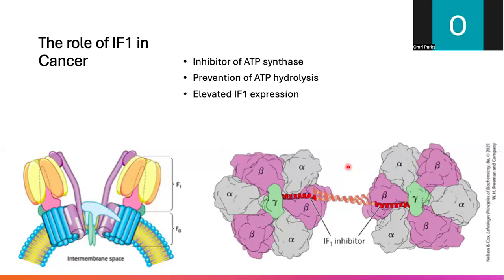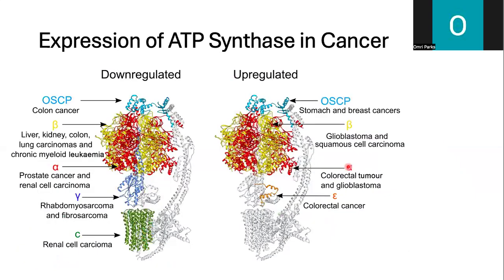Okay, the next slide is basically the expression of ATP synthase in cancer, which has been shown to play a significant role in tumor development and progression. Cancers often exhibit altered mitochondrial function that changes the way ATP is produced and the metabolism of energy.